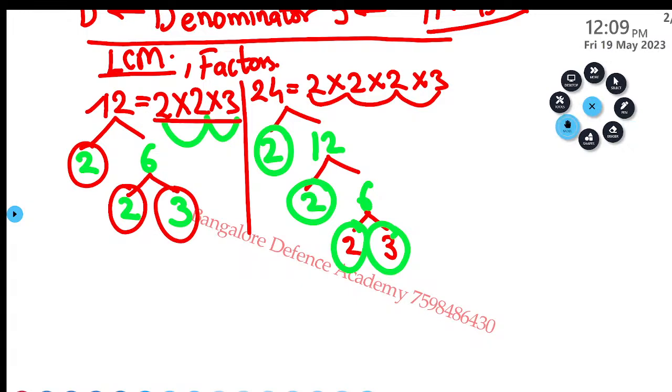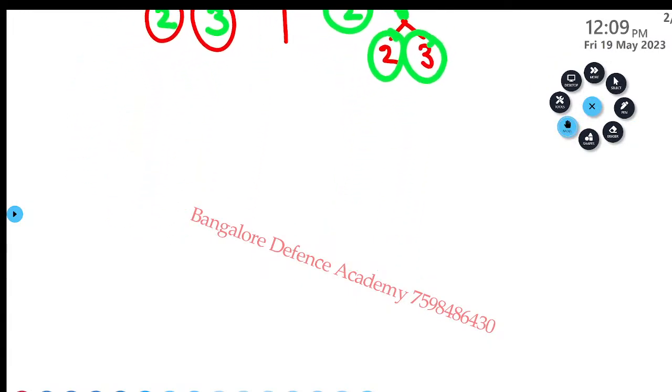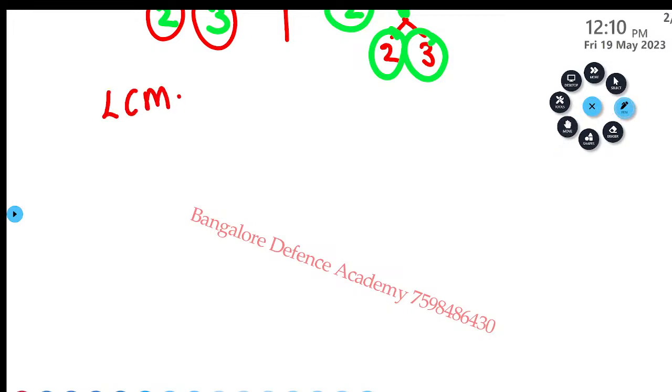Now let us first understand how to find the LCM. How to find the LCM of two numbers? Imagine question number 1: find the LCM of 12 and 20.